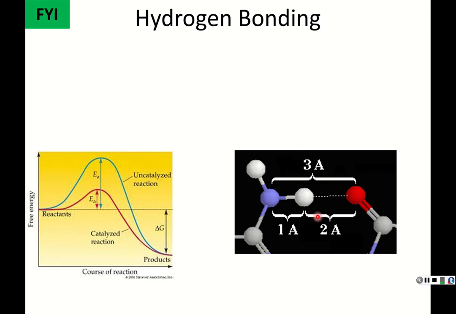Hydrogens don't actually show up in the crystal structure, but if you have a nitrogen within about 4 or 5 angstroms of a carbonyl oxygen, you can consider that a possible hydrogen bonding place in the protein.